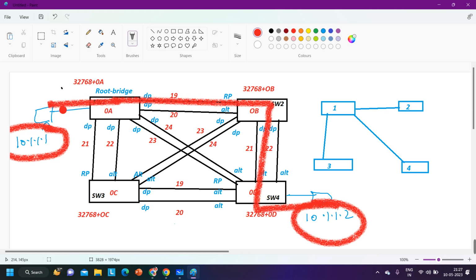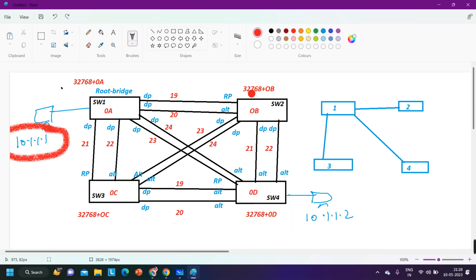You just need the command to configure the priority, to change the root path cost, to change the port priority. So you need only the command, yes or no? But don't worry about the command, just show me your logical loop-free topology.